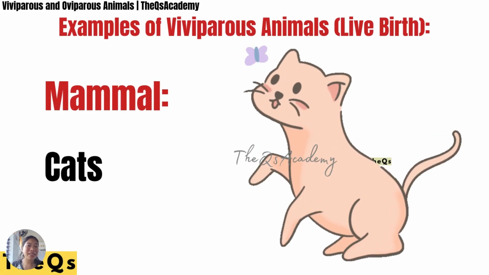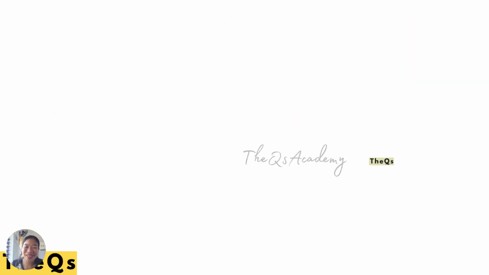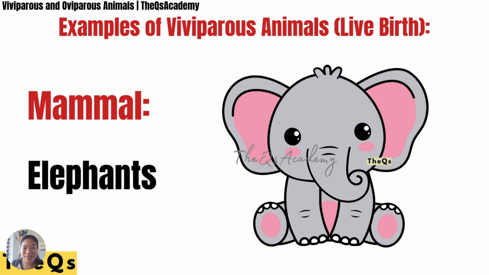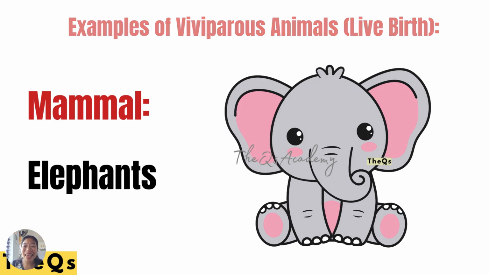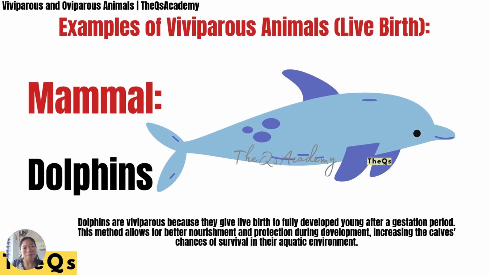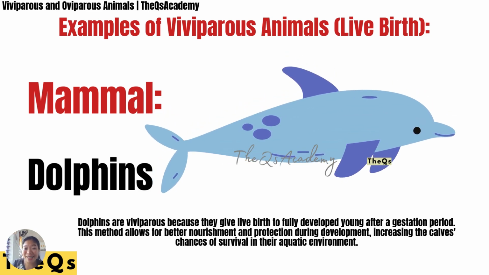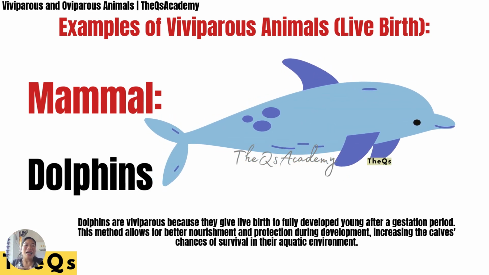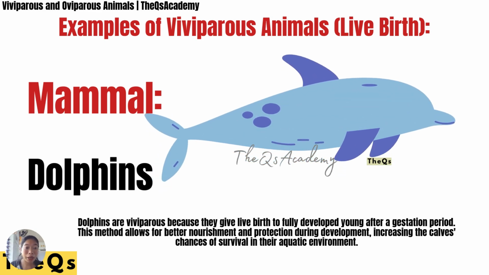So we have another example: cats, of course, dogs, elephants. Yes, we have elephants, and yes, dolphins. Dolphins are viviparous because they give birth to fully developed young after a gestation period.